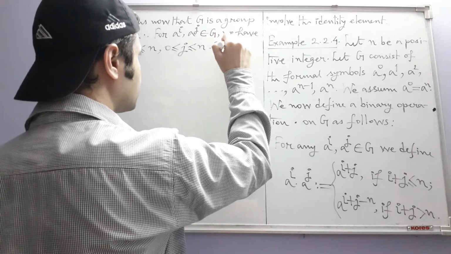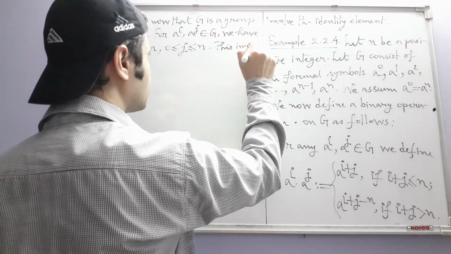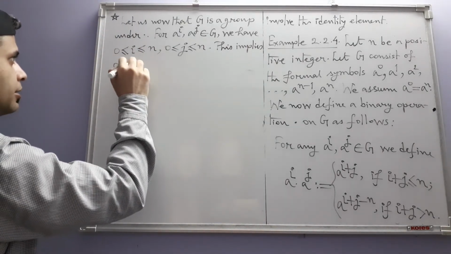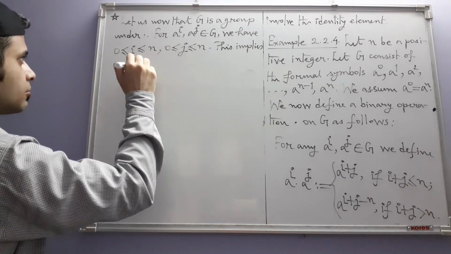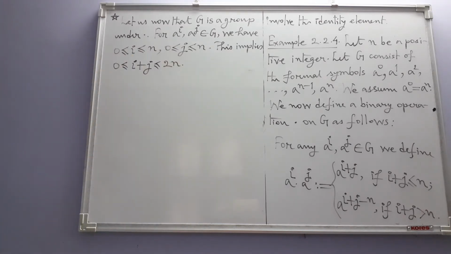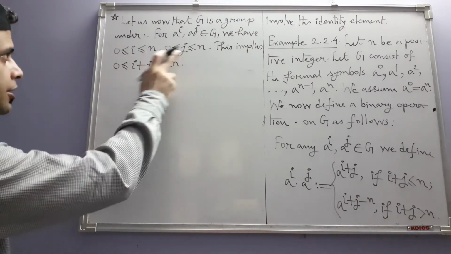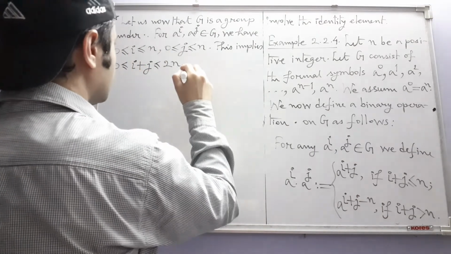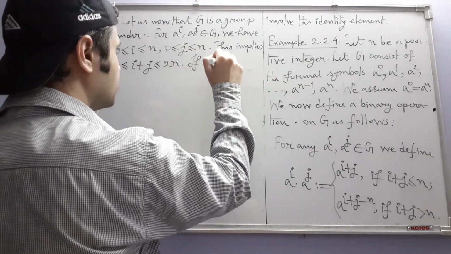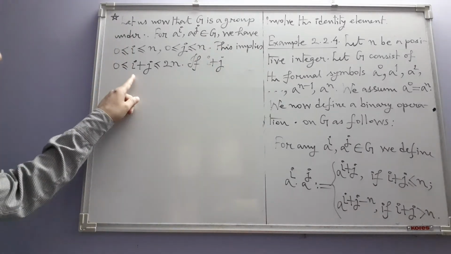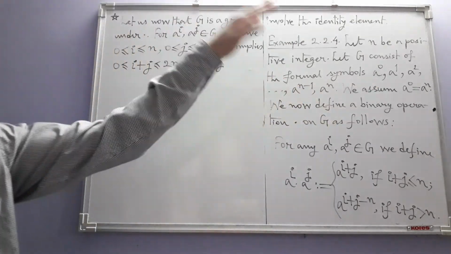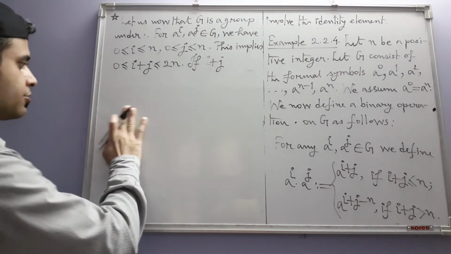This implies, if we add these inequalities, what shall we get then? i plus j is already a non-negative integer, and we have non-negative integers as suffixes, so that is not a problem.